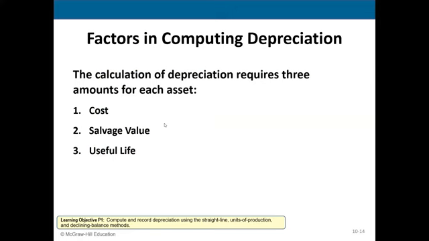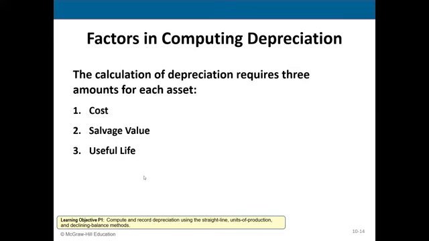Okay, as I mentioned, how do we calculate depreciation? We got to consider three things: the cost, the acquisition cost, salvage value, what's it worth at the end of its useful life. We call this scrap value, also known as residual value. And the third thing is the useful life. How long is it expected to last?